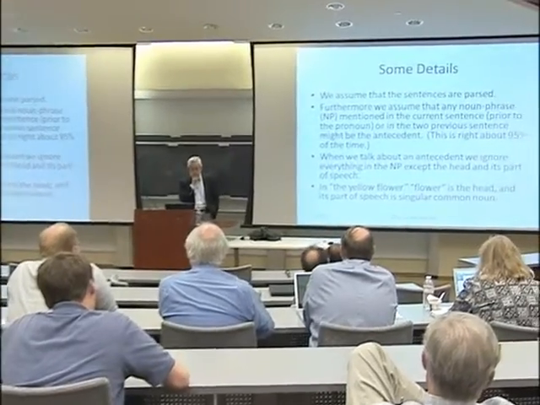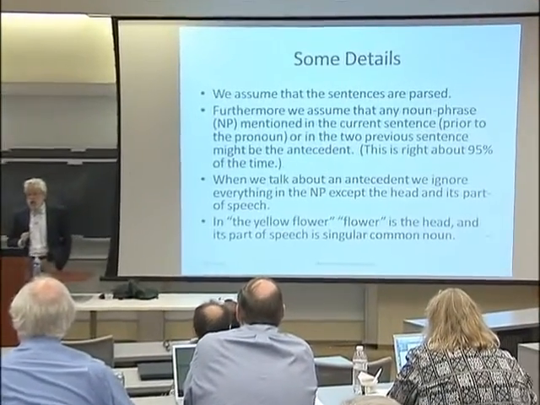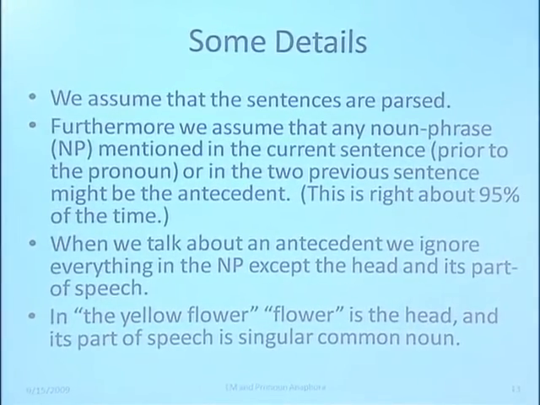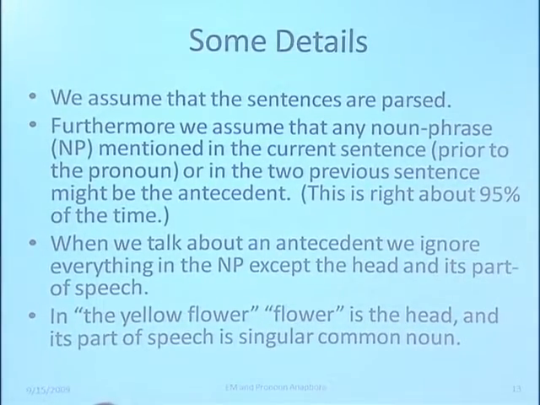Okay, some details. I'm assuming that all sentences are parsed. The results I present later are on Wall Street Journal treebank examples, but they're examples from development data, so the parser was not trained on them. The parses I use are going to be those found by my parser, not the, quote, true parses.